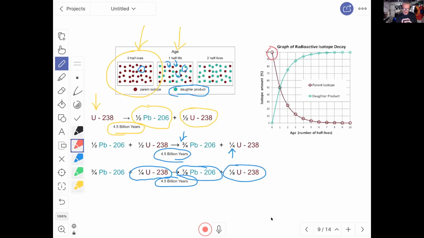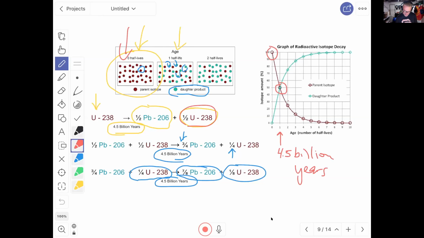Here at time 0, we have 100% uranium. In one half-life, which is equal to 4.5 billion years, it's 50%, which would be here, right? Only 50% left.